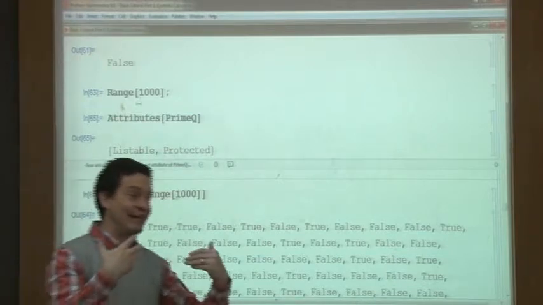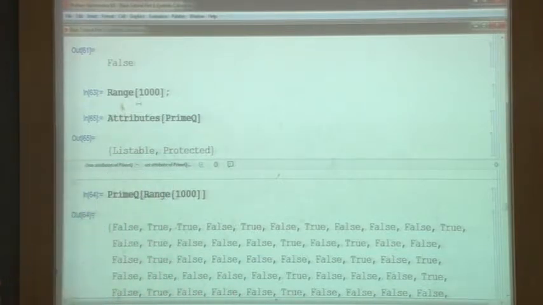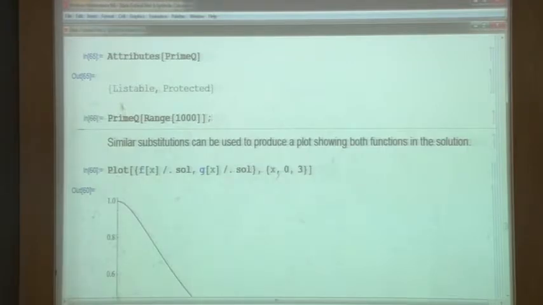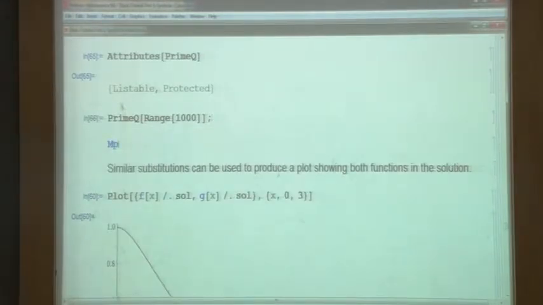Look, if the function is not listable, no problem, we can get the same result doing what? We can get the same result doing Map, right? Map what? Map PrimeQ, which is the function, correct? To the Range[1000]. This is the way that we have discussed in class, right?